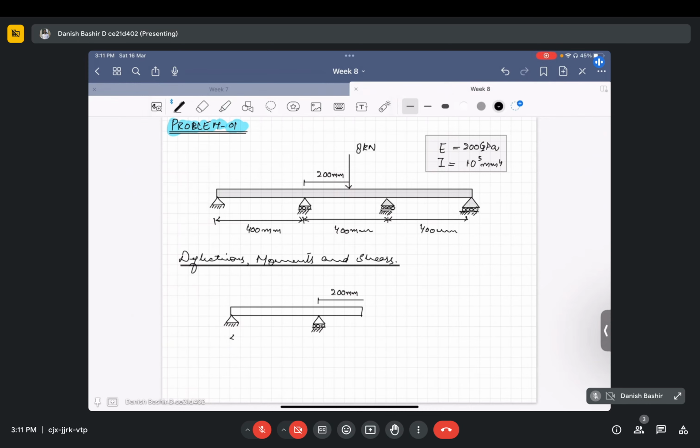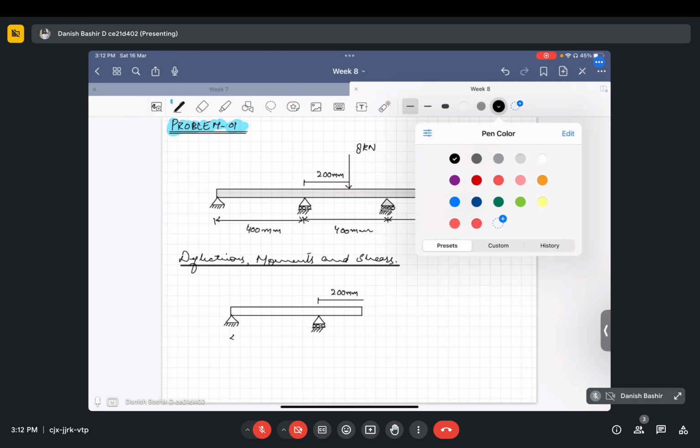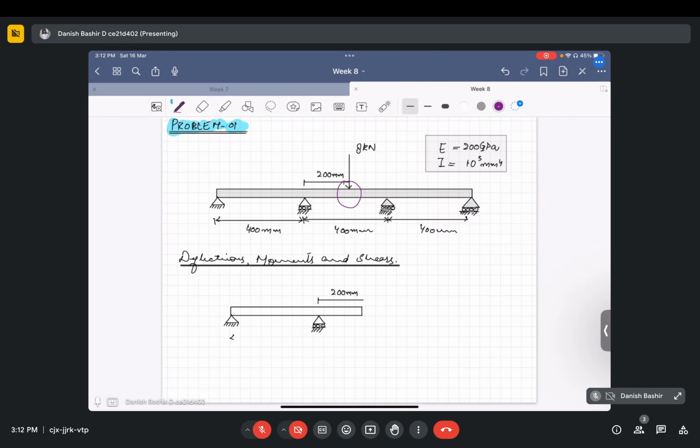But one thing we have to make sure is we have to maintain the continuity from where we have taken it. So if we see at this point, here deflection is allowed.